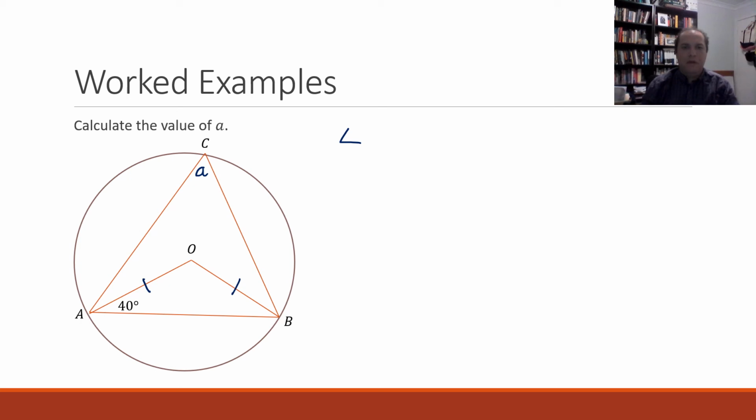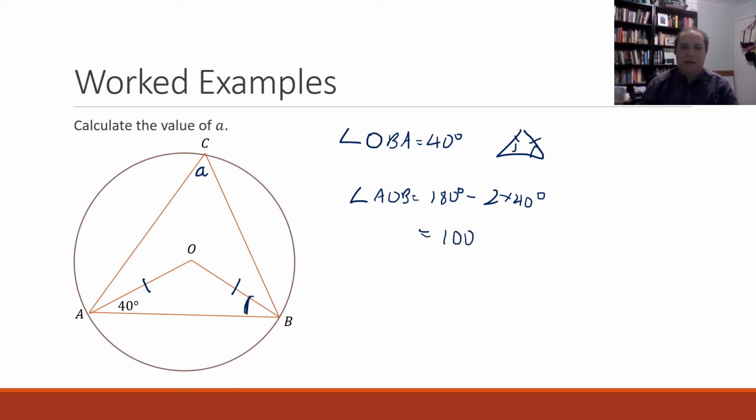So we can say angle OBA equals 40 degrees, because in an isosceles triangle the angles opposite equal sides have to be the same. Now if that angle is 40, then angle AOB is going to be 180 degrees minus those two 40 degree angles, 40 degrees there at B, 40 degrees at A. So our angle AOB is 100 degrees.